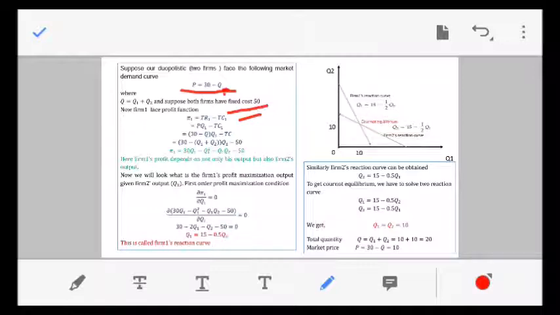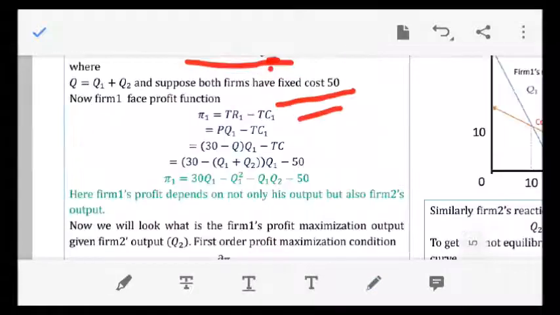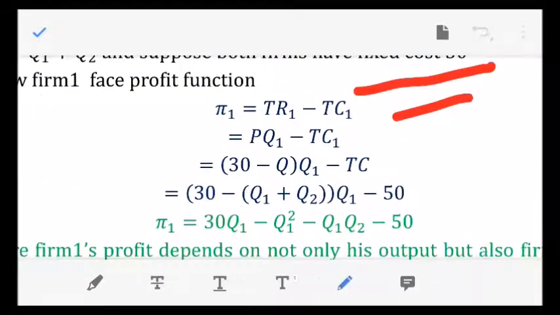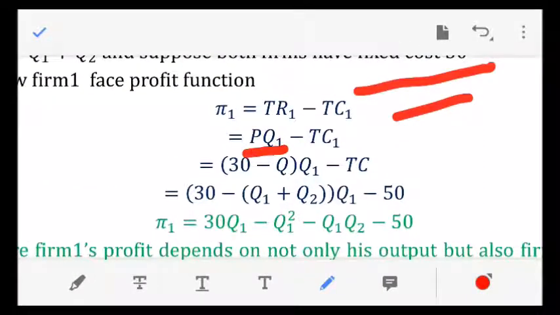Total revenue, TR, can be written as P into Q1, the price of a product times how much quantity is produced.